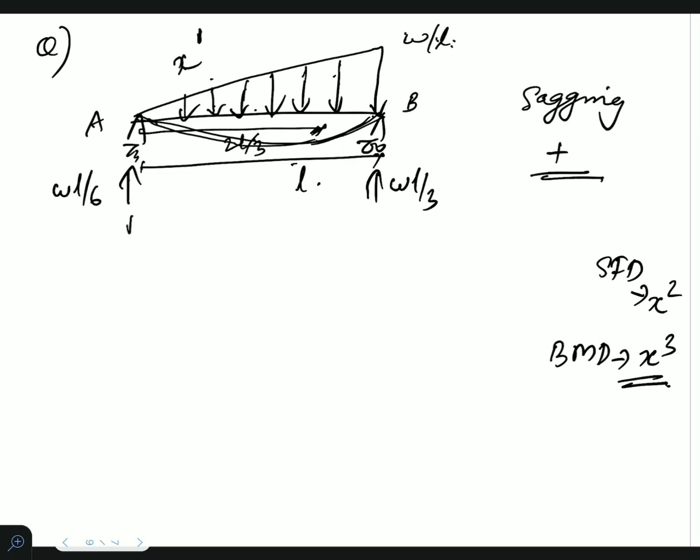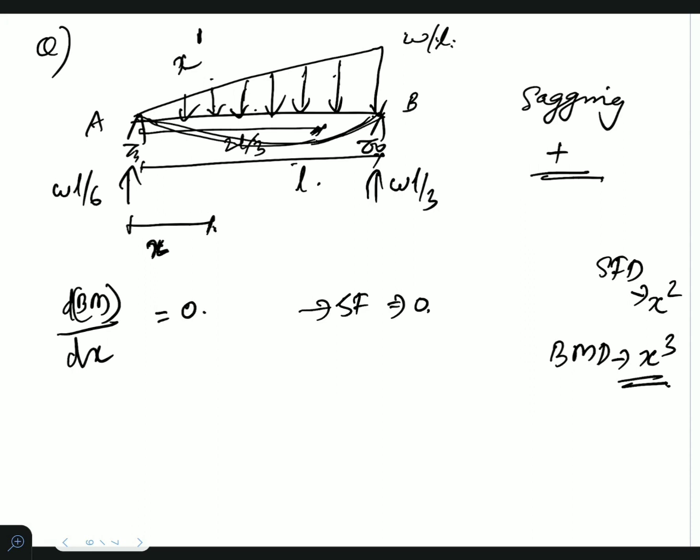So we will put a section at x distance from support A. In that section, we assume that bending moment is maximum or shear force is 0. Bending moment is maximum or shear force is 0 means that the differential of bending moment with respect to this x will be 0.